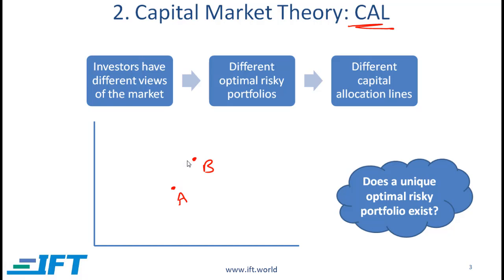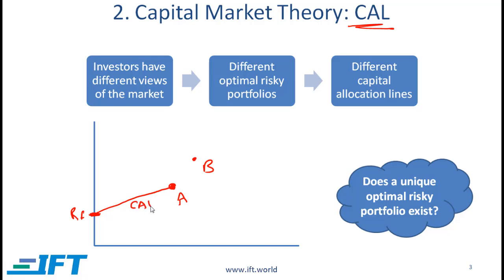Because A and B have different optimal risky portfolios, they will have a different capital allocation line. The capital allocation line, as we saw in the previous reading, starts from the risk-free rate over here and connects this point to the optimal risky portfolio.